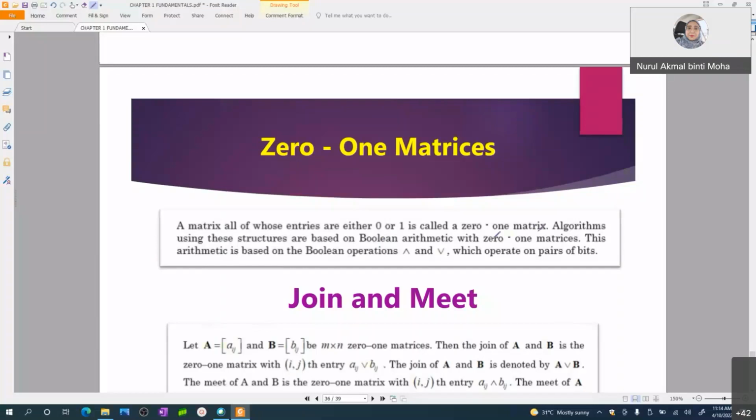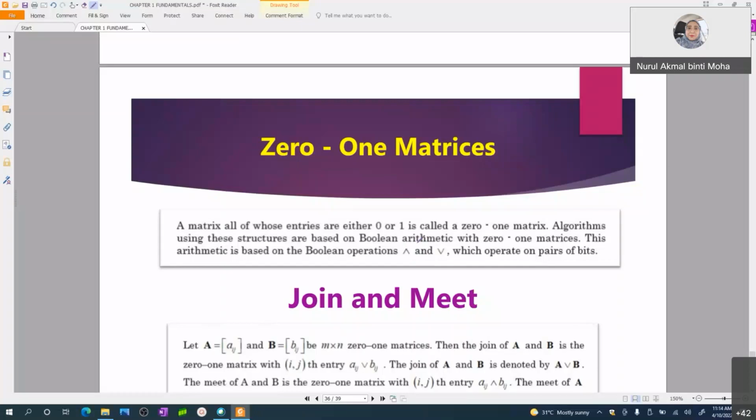Okay, I don't know how to call this symbol, but this symbol will act just like union and intersection. So this is for the union and this is for the intersection, just like when you use it for sets, if you still remember. But this symbol will act on matrices only.